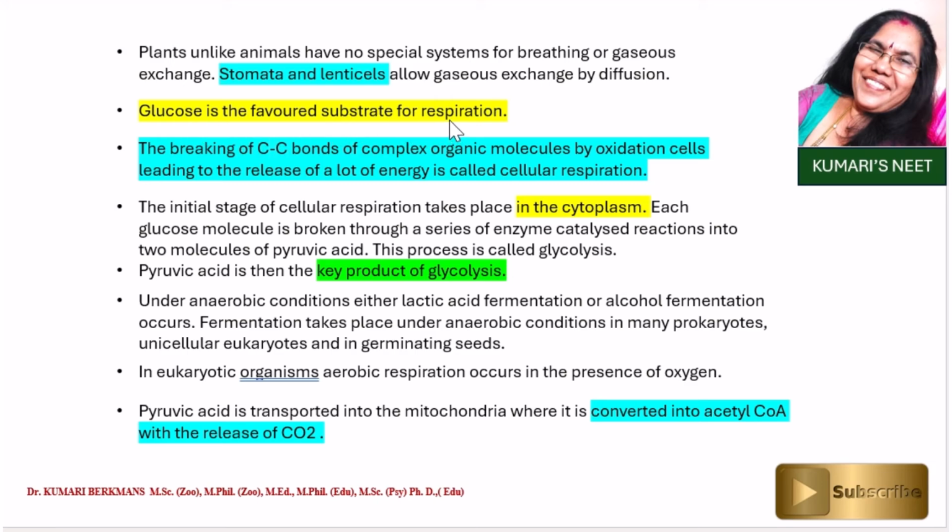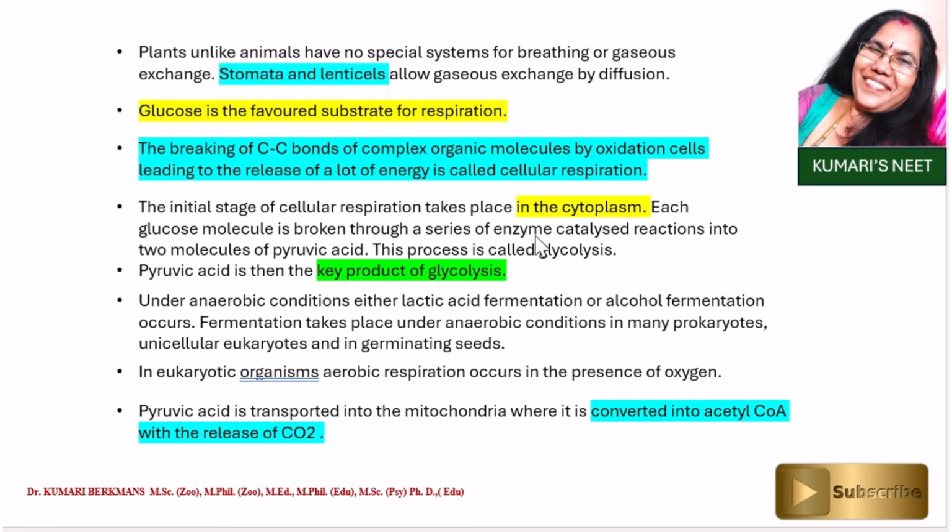In cellular respiration, the most important substrate is glucose. From where are we getting the glucose? We are getting the glucose from food material. And the breaking of C-C bonds of complex organic molecules by oxidation in cells, leading to the release of lots of energy, is completely called cellular respiration.